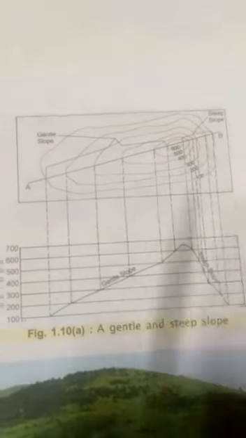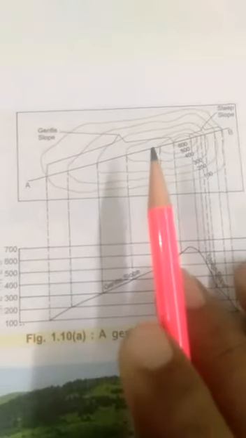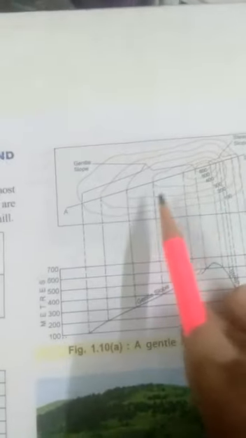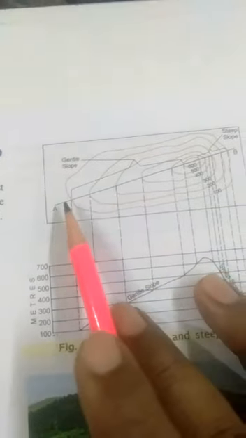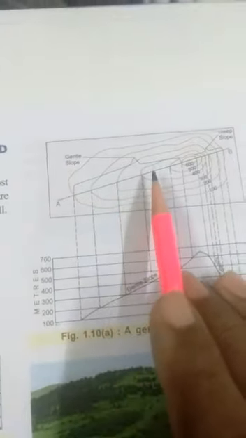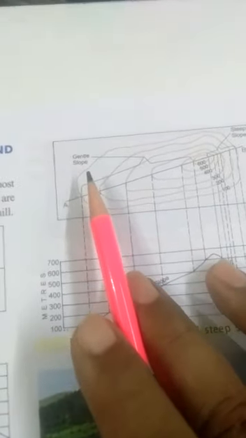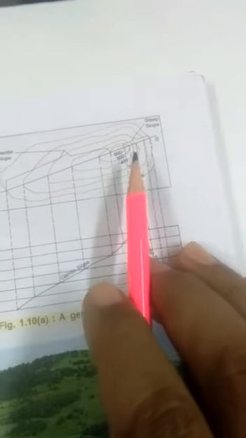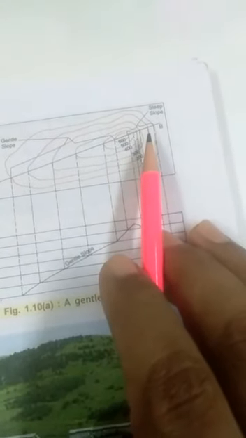Again, to remind this, you can say slope by means of spacing. You see the contour lines appearing farther apart, they will be the gentle slope, and on the other hand, when the contour lines appear closer or back to back, they are steep slope.